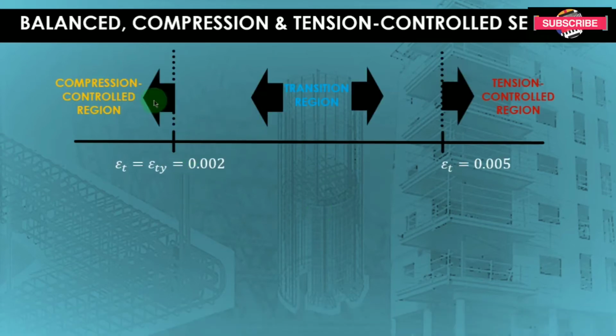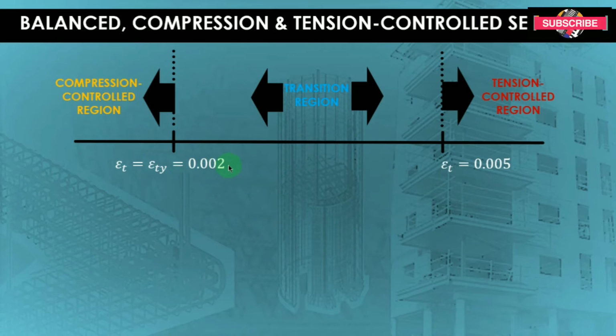Okay, so ito yung epsilon subscript t, this t is referring now to the tensile steel. Okay, it's just equal now to epsilon subscript ty. Ito yung nagre-refer, no, yung yield point ng ating tensile steel equal now to 0.002.